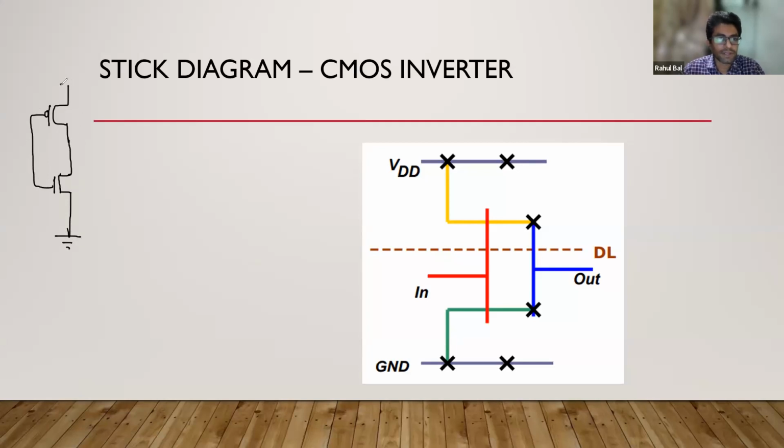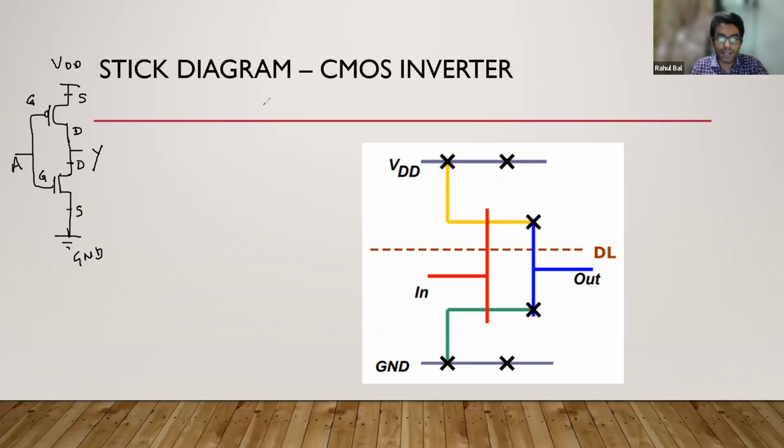So this is your VDD line. This is the ground line. This is your input. This is your output. Then this is PMOS. So this will be source, this will be gate, this will be drain. Below is drain, gate, and source.